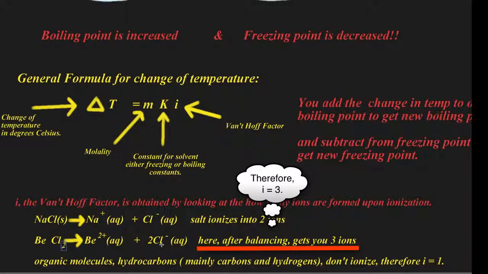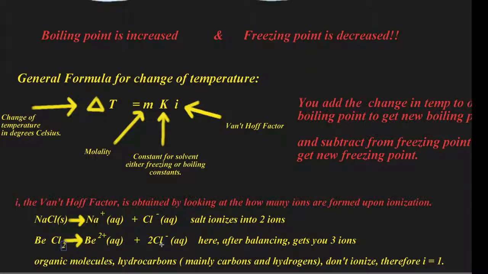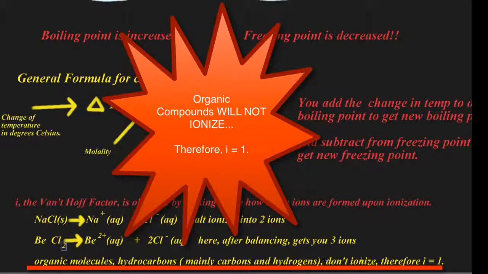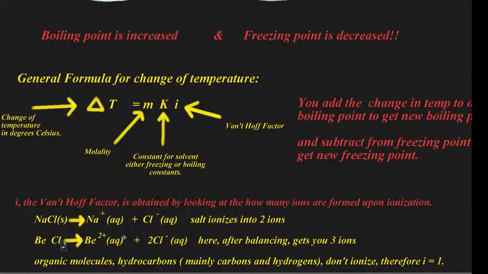So Van't Hoff factor would be 3 here. Organic molecules, hydrocarbons, things containing mainly carbon and hydrogen that will not ionize will have the Van't Hoff factor of 1. All right. You'll see this again in osmotic pressure, so make sure you pay attention to this.